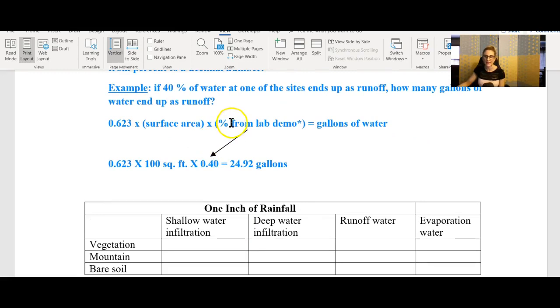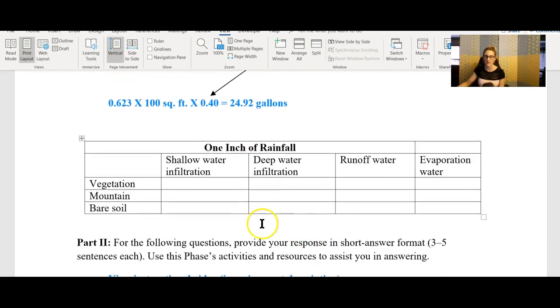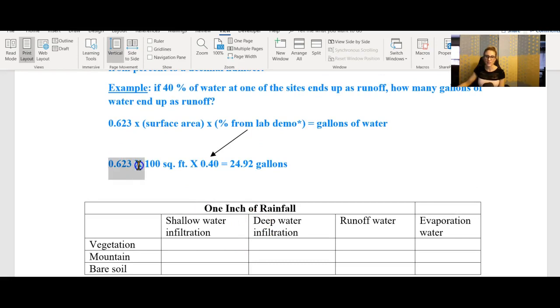If it was 40%, you move the decimal place over 2 spaces, and it's 0.4. Then you just have to multiply that. So for all of these, every single one, these are going to be given. The 0.623 times 100, that's going to be given. So the only thing you're changing is what you're multiplying from the lab demo.